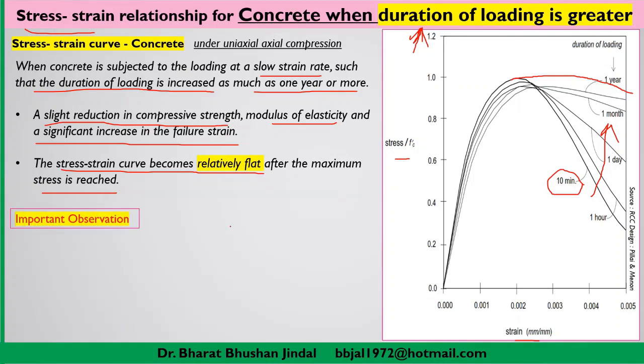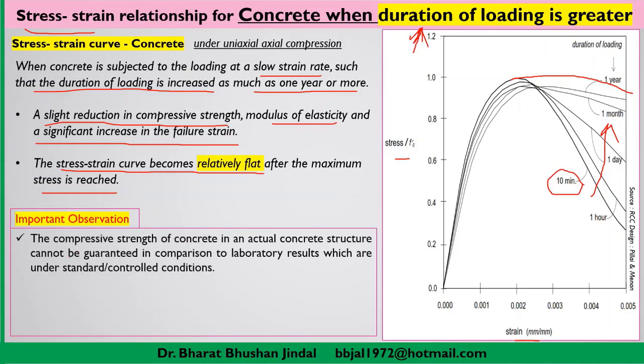Now, what is the important observation here? Very first point is the compressive strength of concrete in an actual concrete structure. As I told, ultimately concrete is used at a site in various types of structures. When you are testing the concrete, you will be just casting the cubes of a standard size, 150 cube, and that will be also tested under the standard conditions in the laboratory.